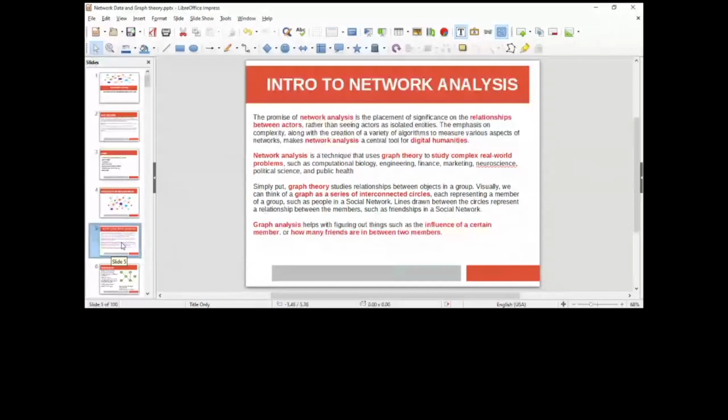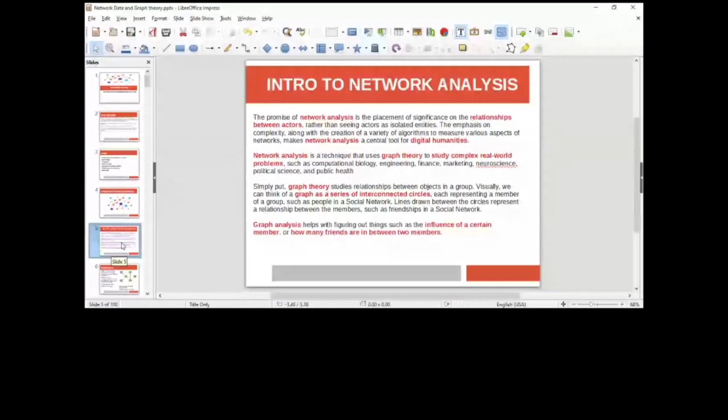So the promise of network analysis is the placement of significance on the relationship between actors, what you can call entities. Every data has entities about it. So network analysis is about the relationship between these entities, the data, not in an individualistic nature.